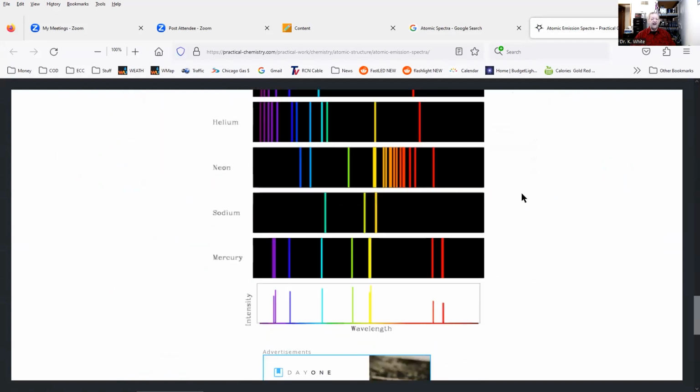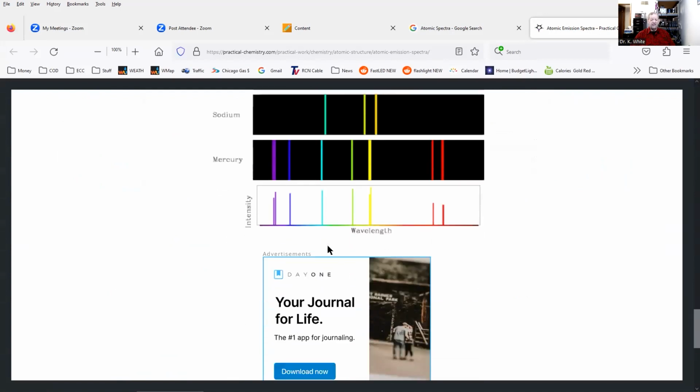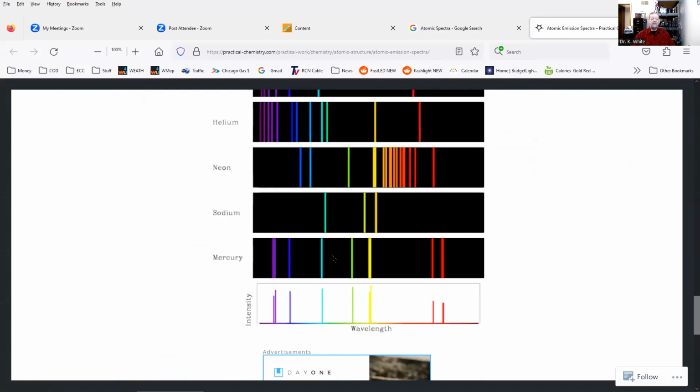And if you were to heat up sodium, you see slight green and these yellow colors. Mercury has these. And these are ways of identifying elements, which, if you ever watch the CSI program, they've taken atomic spectra of the sample, and that helps identify what elements are in that sample.